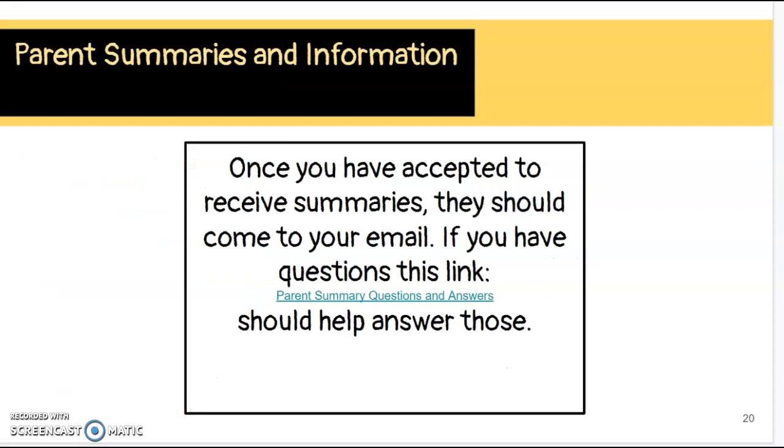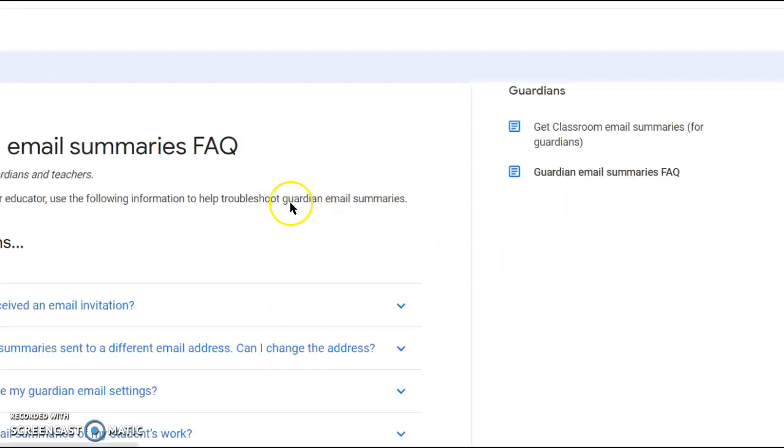Once you have accepted to receive summaries, they should come to your email. If you have other questions about the summaries, how to receive those, there are many things in this link that would help you. If you click this link, it should take you to a screen that looks like this.